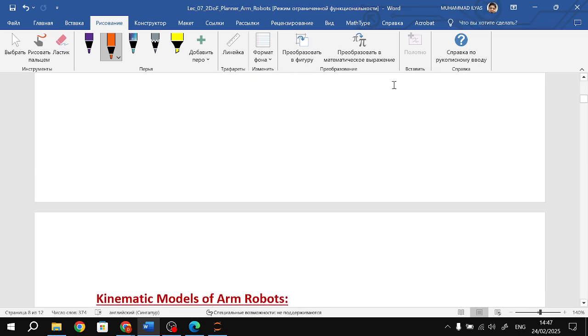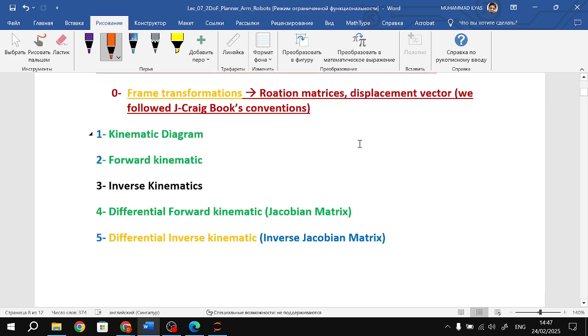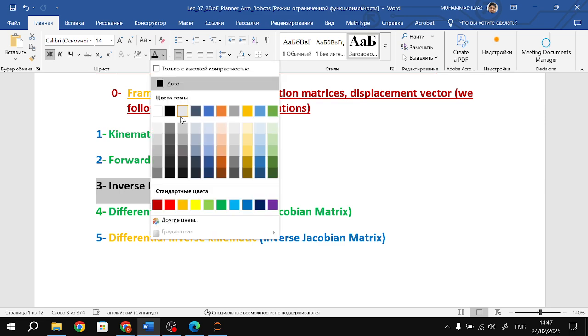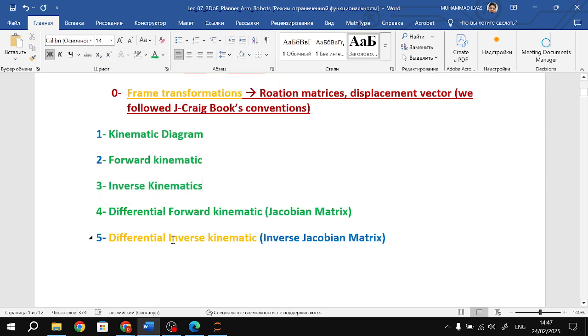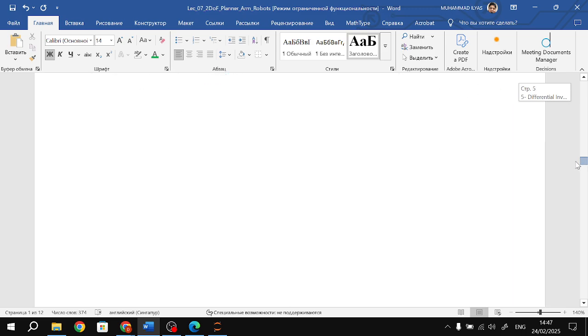We still have 3 minutes, 5 minutes. I hope we can finish. We done this one. Okay, I turn it green. Last, differential inverse kinematic model. So for that, let's go to the end.